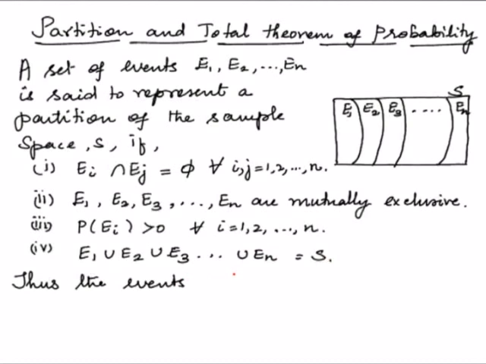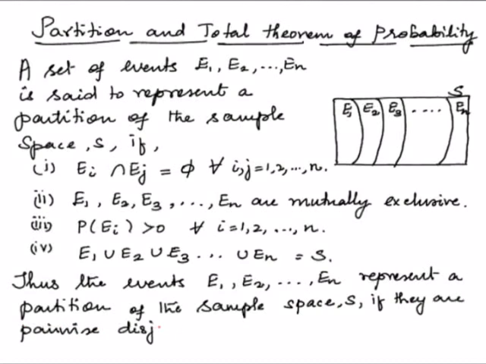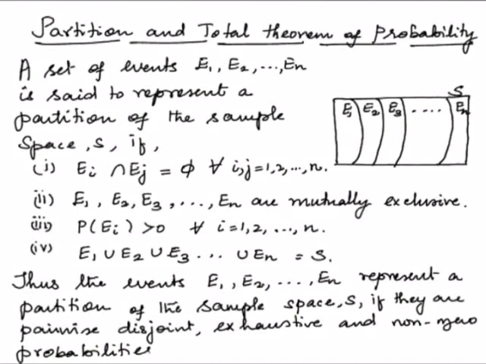Thus, the events E1, E2, etc. till En represent the partition of the entire sample space S only if they are, first condition, pairwise disjoint, second condition, they are mutually exclusive, third condition, non-zero probability, and fourth condition, they are exhaustive.